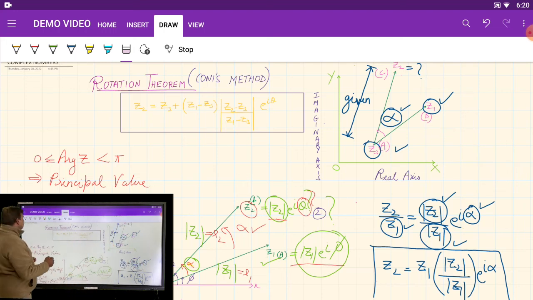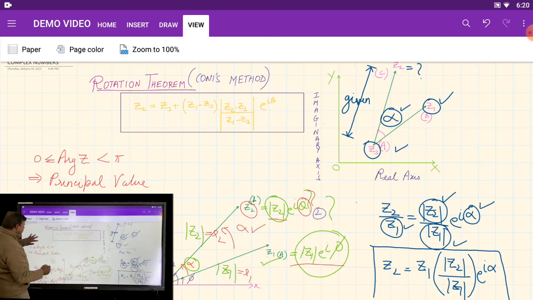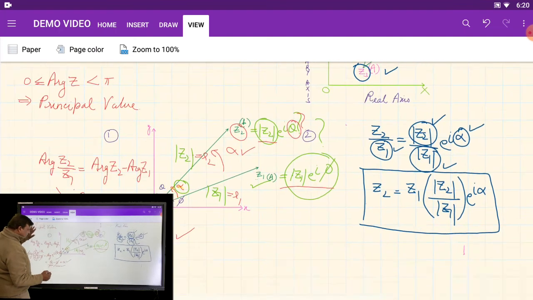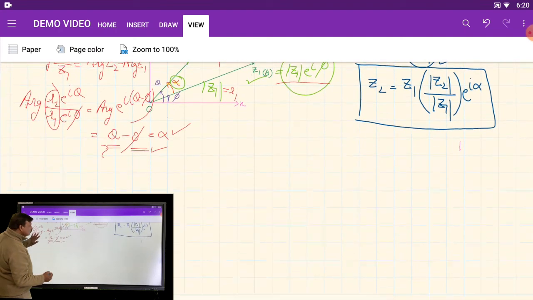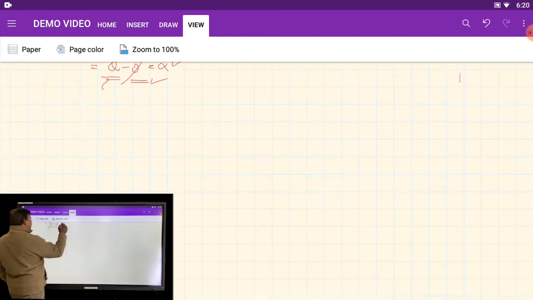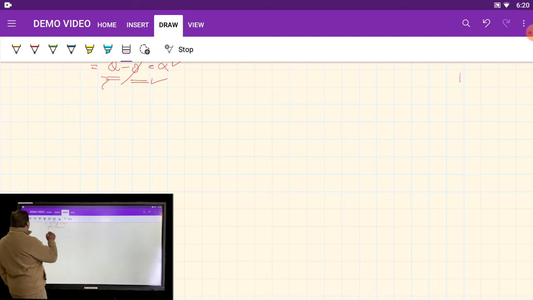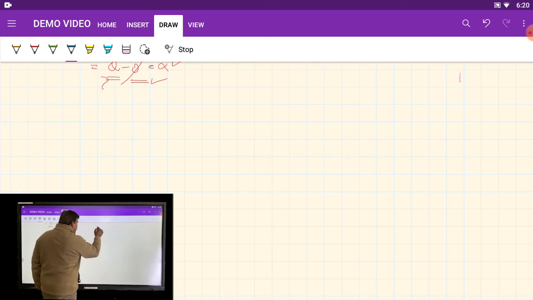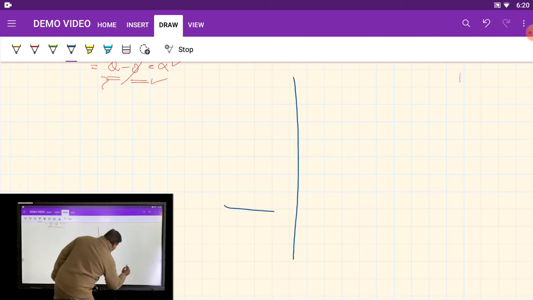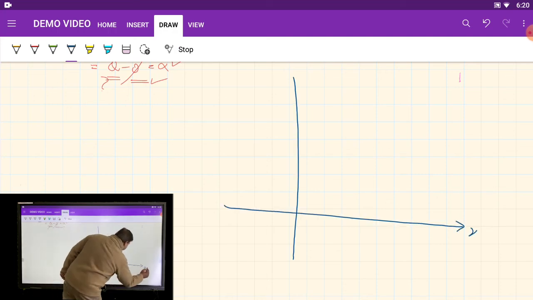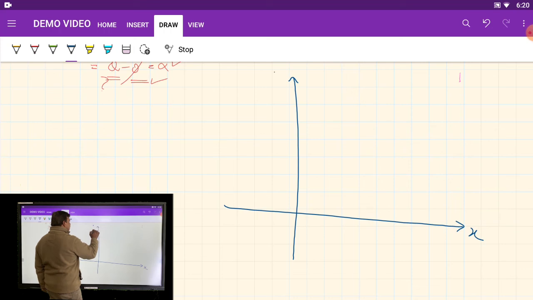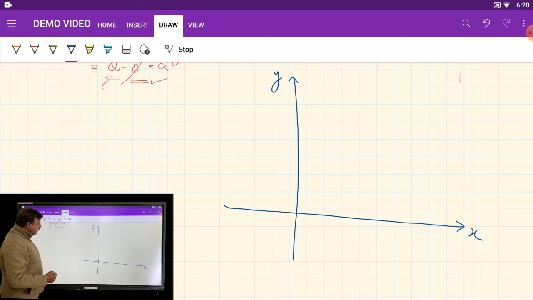Yeah, that's a better option. So we have a new page. Now, look here. You have this as the real axis, students. This as the imaginary axis. Y-axis is the imaginary axis.